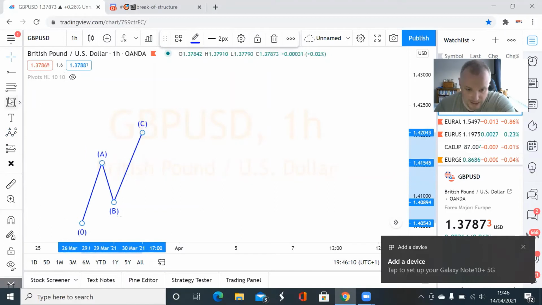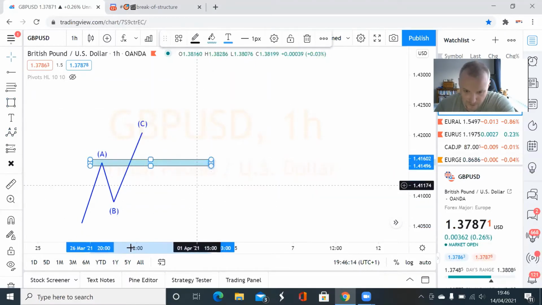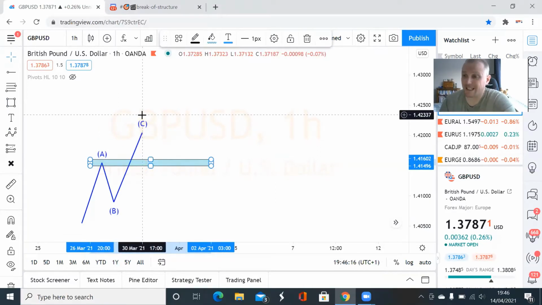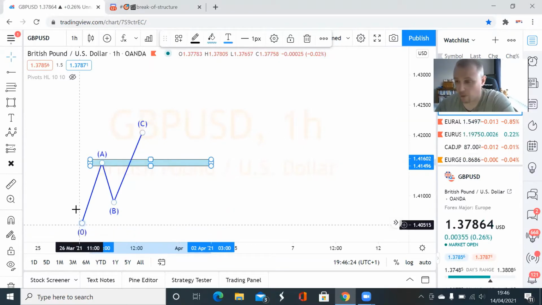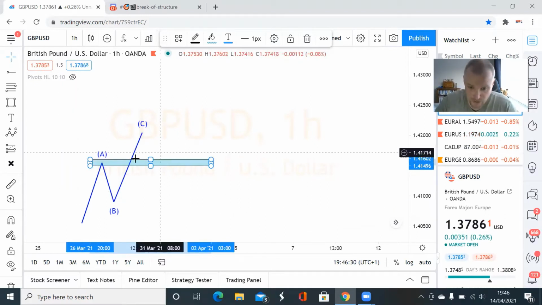Just to make it easy in layman's terms, we put this here. You have what you call an A, B, C. You'll get that all over the charts, whether it's an uptrend or a downtrend. The buyers take their ball, running up the hill with it. They get all the way to the top of that hill, and then all of a sudden they drop the ball.